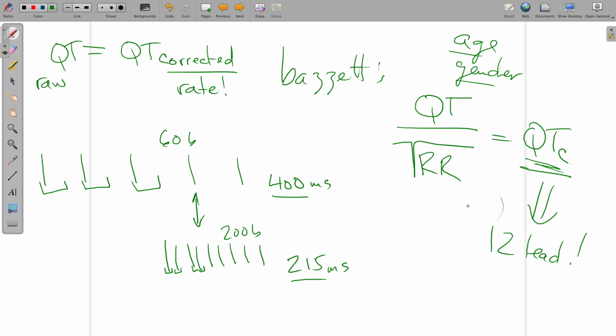All right, so next thing we need to consider, we need a field expedient method because unfortunately, if we look at the QTC to see if it's long or not, I don't have time to go look in a table to see if it's long or not.